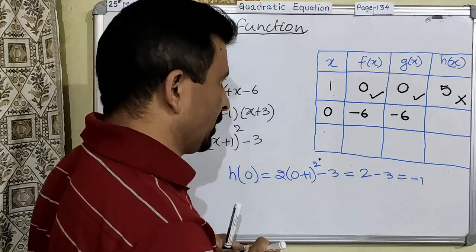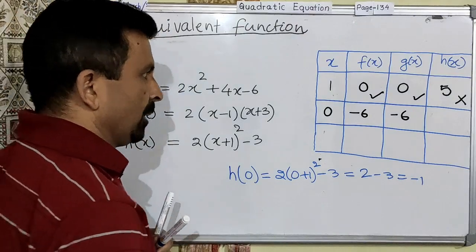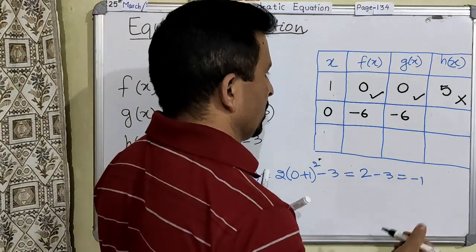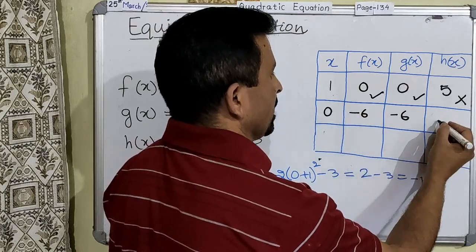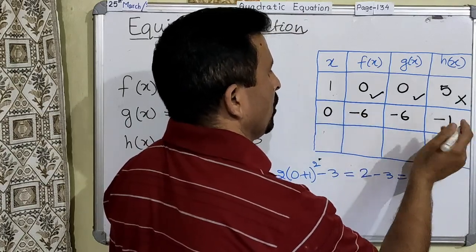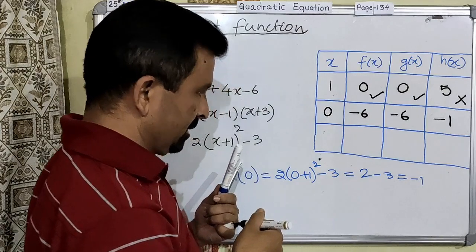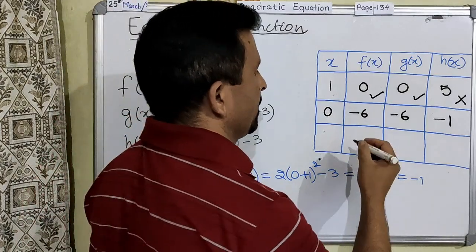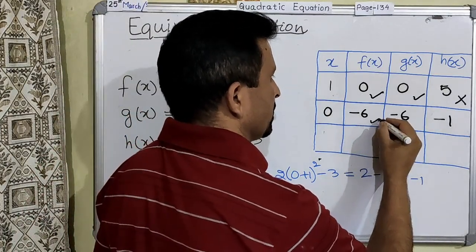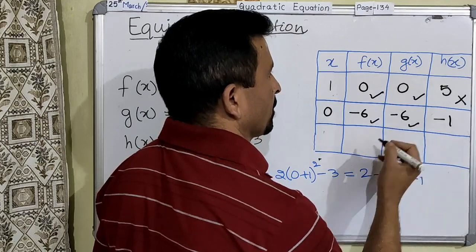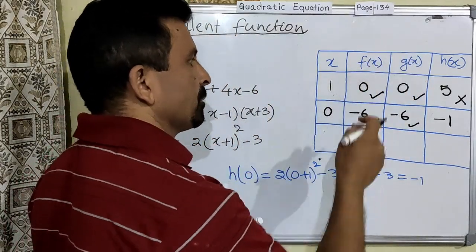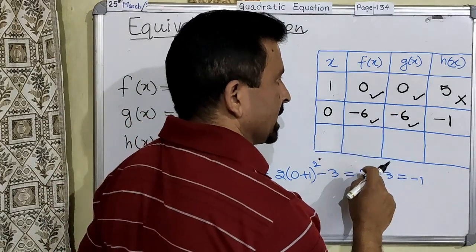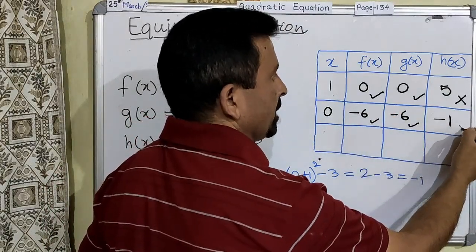So the value of your vertex form for x equal to 0, the output from h(x) for this input, is minus 1. Once again this has come different. Can you see this? Therefore the output of the standard form and the factored form is once again coming the same, and the vertex form is coming different.